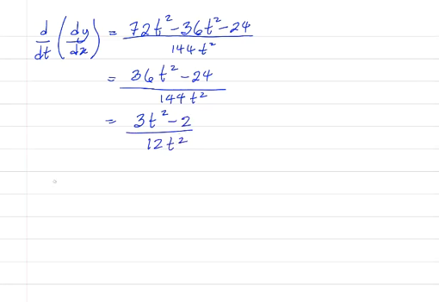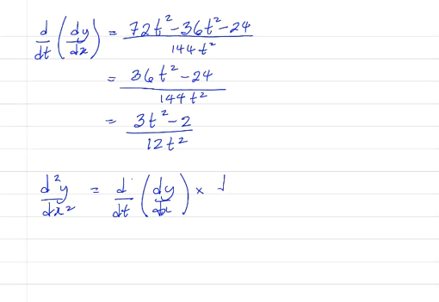Then, before we go there, this would be now d2y by dx squared, which would be equal to dt of dy by dx multiplied by dt by dx.